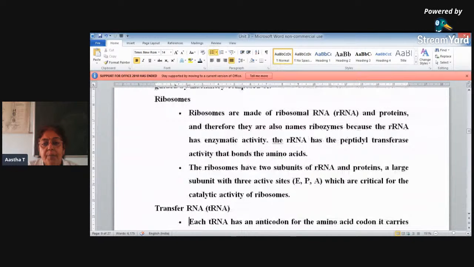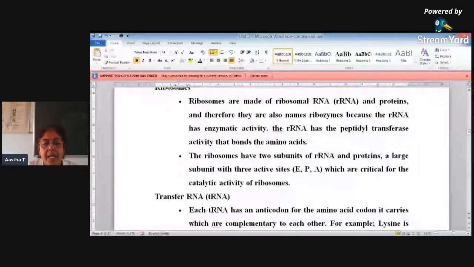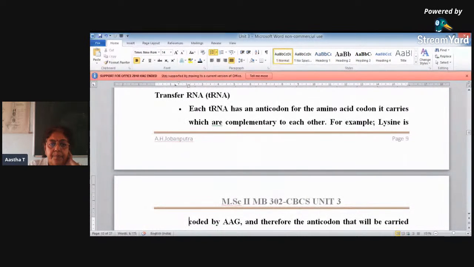Ribosomes have two subunits of rRNA and proteins. The larger subunit consists of three active sites, E, P, and A: exit site, peptidyl transfer site, and attachment site. These are the important sites where the process of protein synthesis or translation actually takes place.